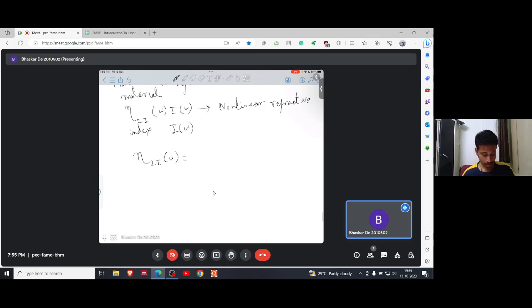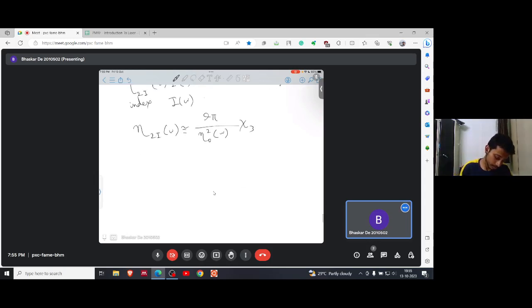Now this eta omega can be represented approximately like this. So eta 2 omega is proportional to chi, so it's a third order nonlinear effect. This change in the index of refraction of a material with an optical field of intensity is known as the optical Kerr effect.